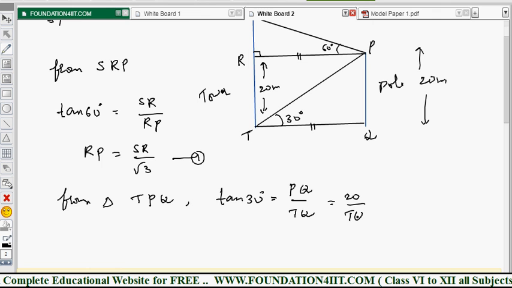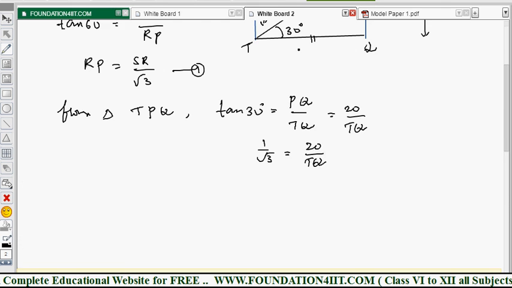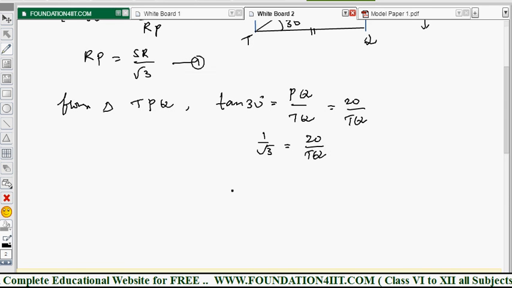Tan 30 is 1 by root 3, so 1 by root 3 equals 20 by TQ. We know TQ and RP are the same. Therefore, QT or TQ is equal to RP. Then, by cross multiplication, QT or TQ is equal to 20 root 3.